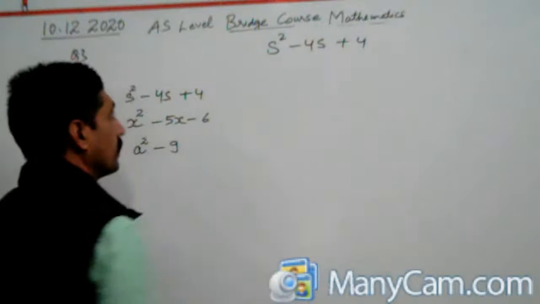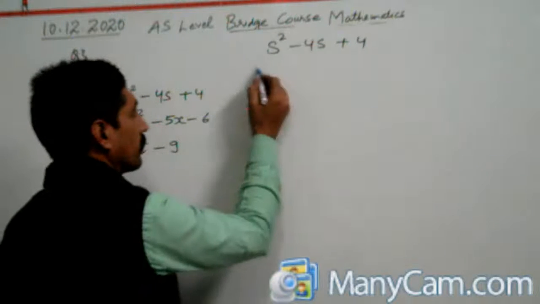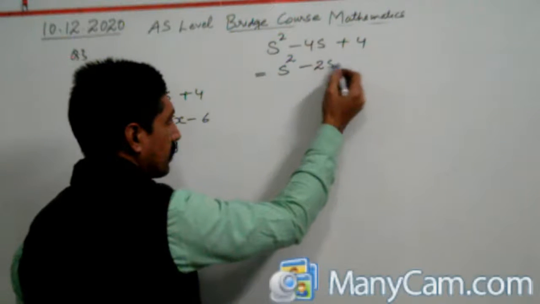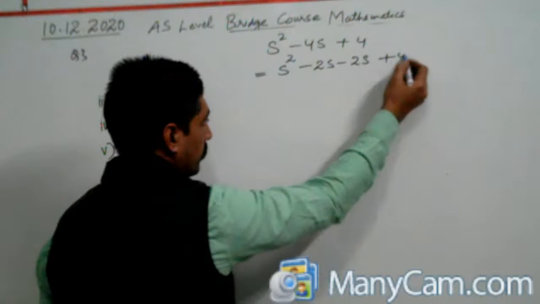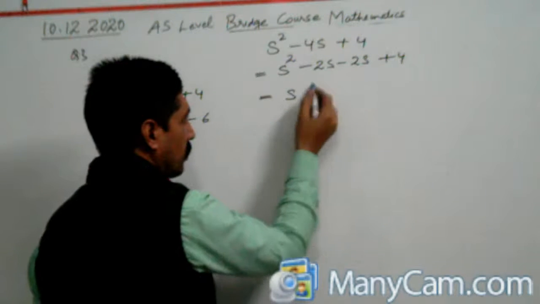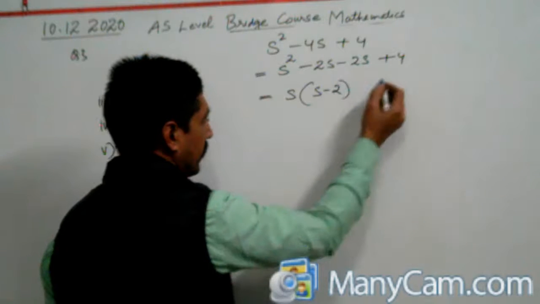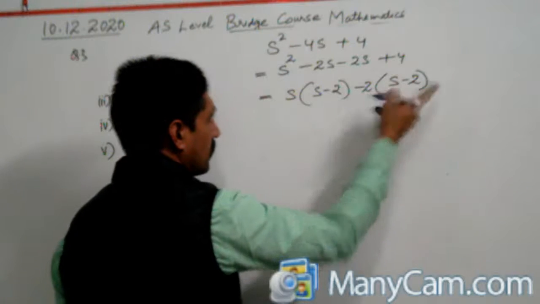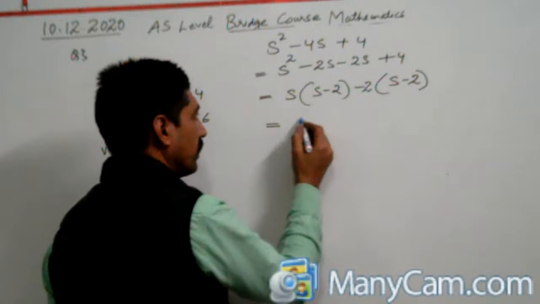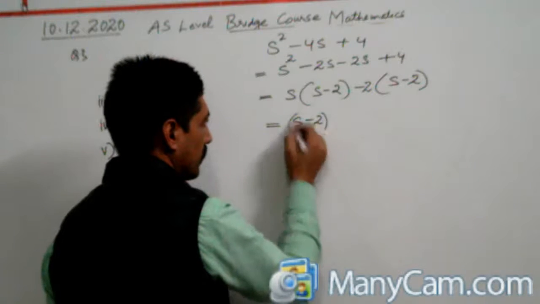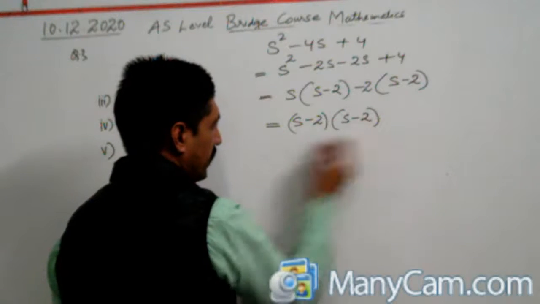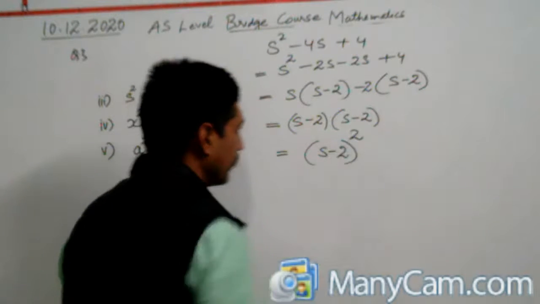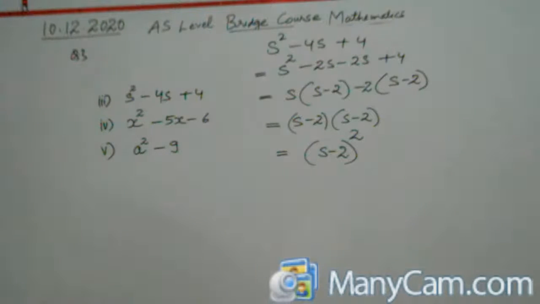So here minus 2: s square minus 2s minus 2s plus 4. We can take s common, s minus 2, and again here s minus 2, and take minus 2 common. So what we have is (s - 2) into (s - 2), which can be written as (s - 2) whole square.